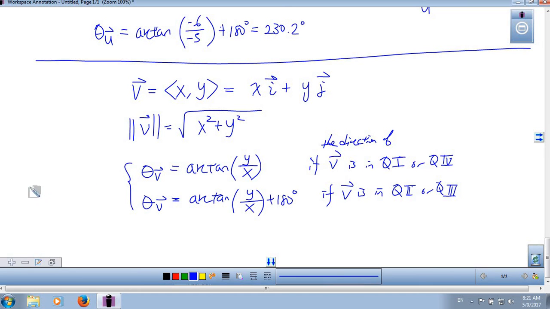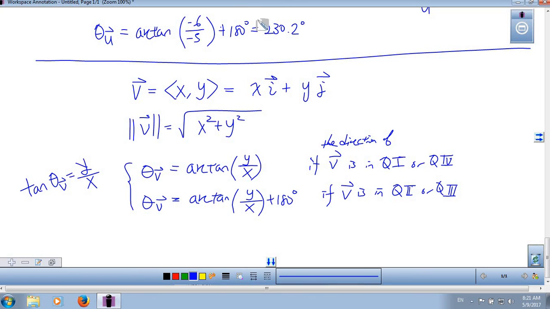However, the formula that most textbooks give you is written out like this, and this is always true. When we do tangent of theta, we always get y over x no matter what. That's for sure. But if we do arctangent of y over x, we have to be careful of where our vector is pointing. That's the most important thing we want to make sure we do.